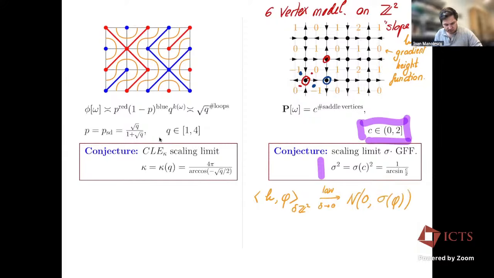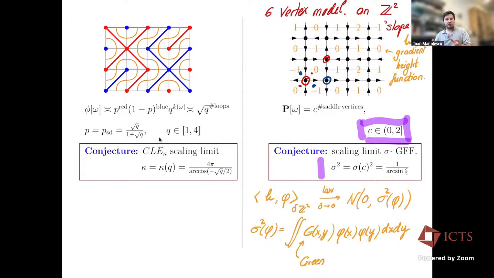And this variance is given by the double integral of G(x,y) phi(x) phi(y) dx dy, where G is the Green function.